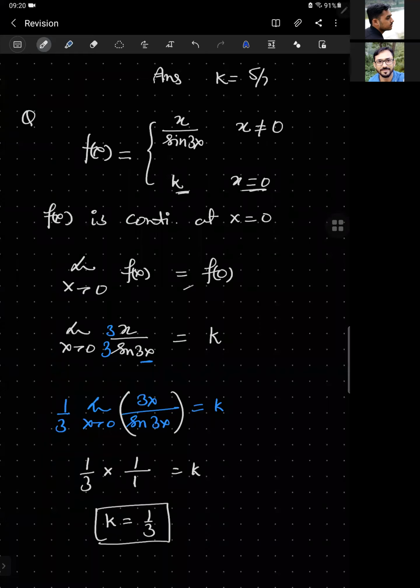In that case, they won't be asking you to calculate the value of k. So you need to keep this in mind. Questions are good, easy, and keep practicing. Soon we'll complete this topic and we will be moving further.